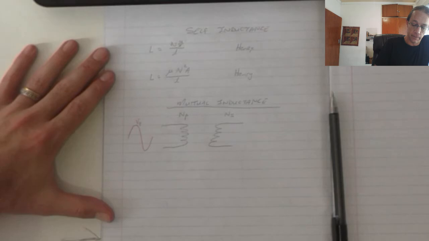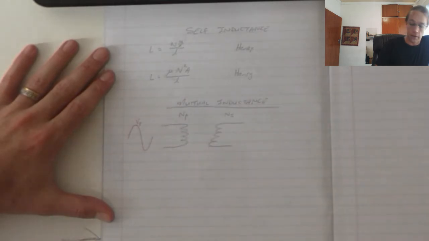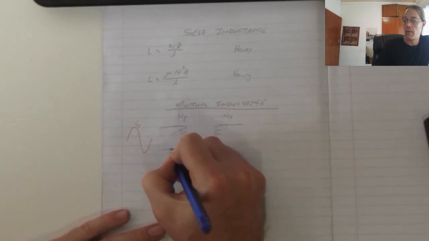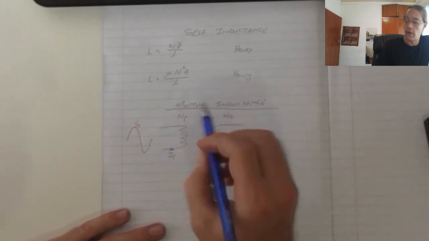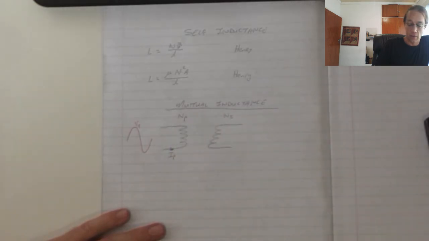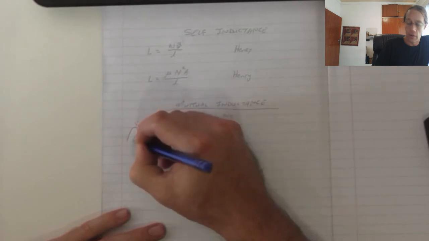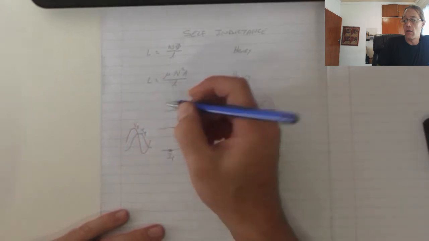This voltage will cause a current to flow through that coil. Call that my primary current. Because there's current flow, again, you've got to remember that the current is 90 degrees after the voltage.